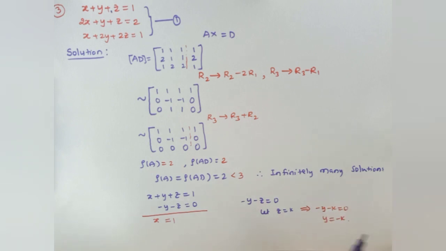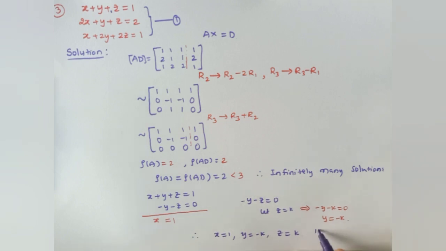So you just need to express the solution in terms of some k or any constant. Means for any value of k, the system is satisfied. Simply take either y or z as k. Therefore the infinitely many solutions are x equals 1, y equals minus k, and z equals k.